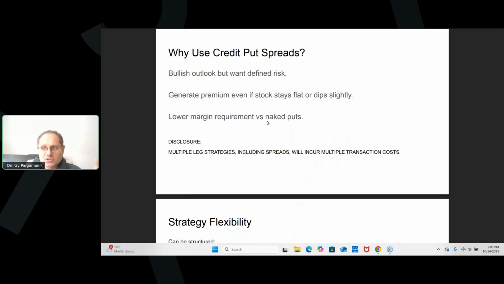You could even structure it to work if it dips slightly, based on the strikes that you choose. It also has lower margin requirements than selling a naked put by itself, which gives you unlimited risk down to the stock going to zero.